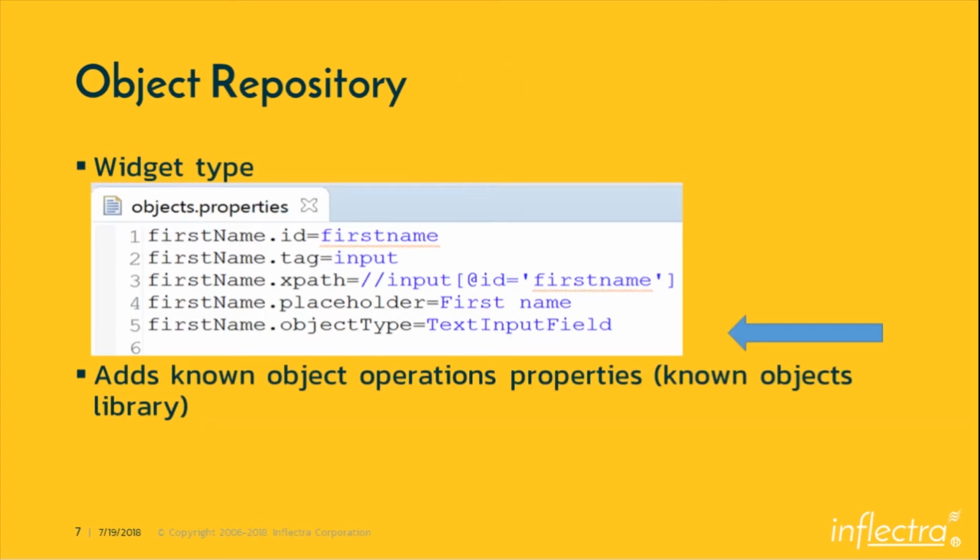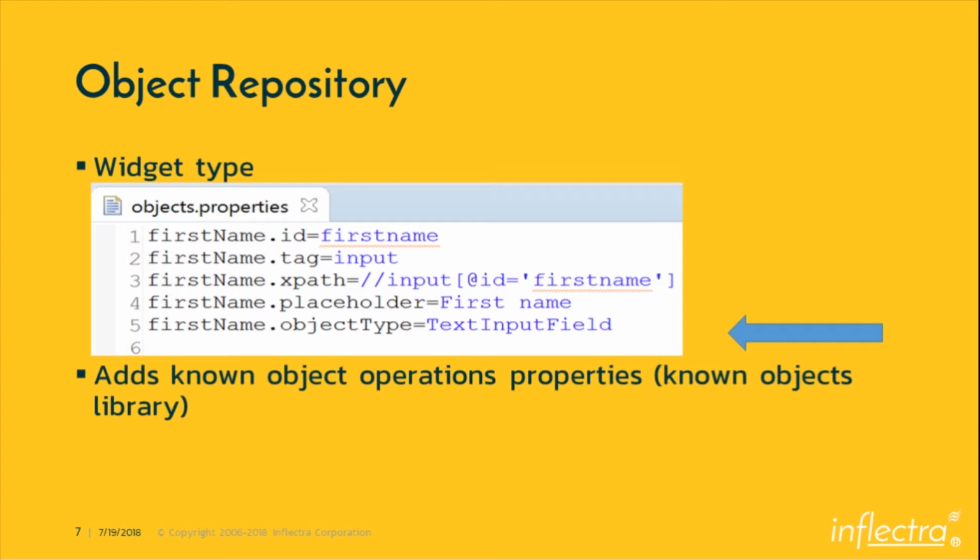Last but not least is the thing that really brings the power to the object repository. The last attribute here is object type. If we recognize object types, if we recognize high-level objects, then the object repository shows its true power. What do I mean?